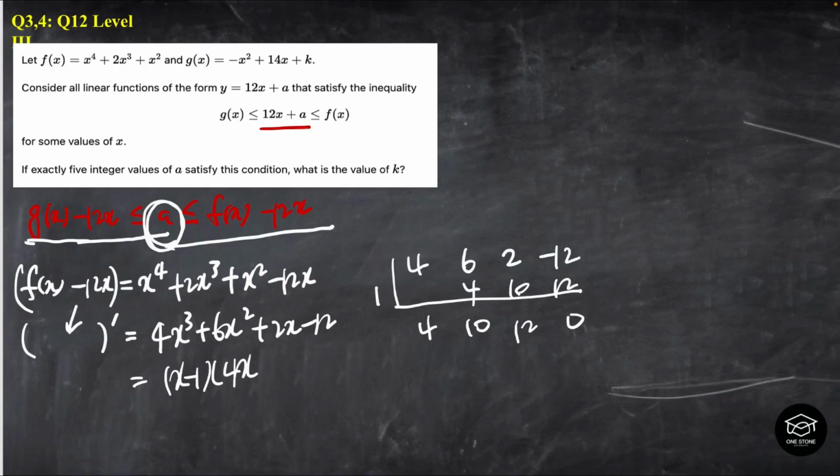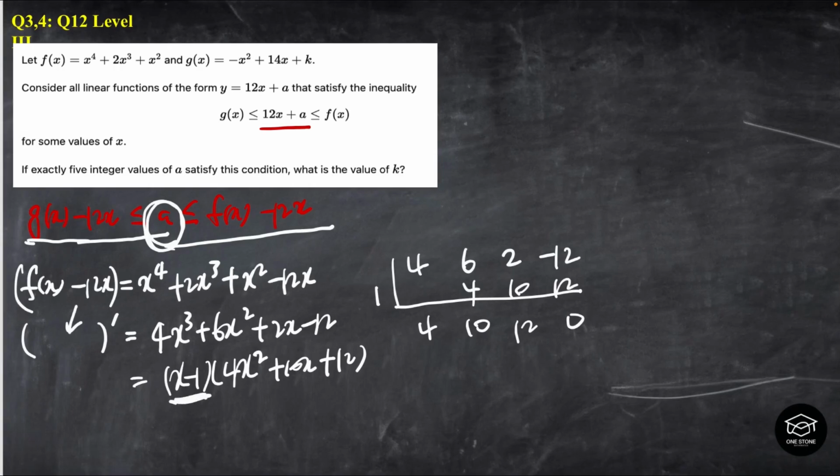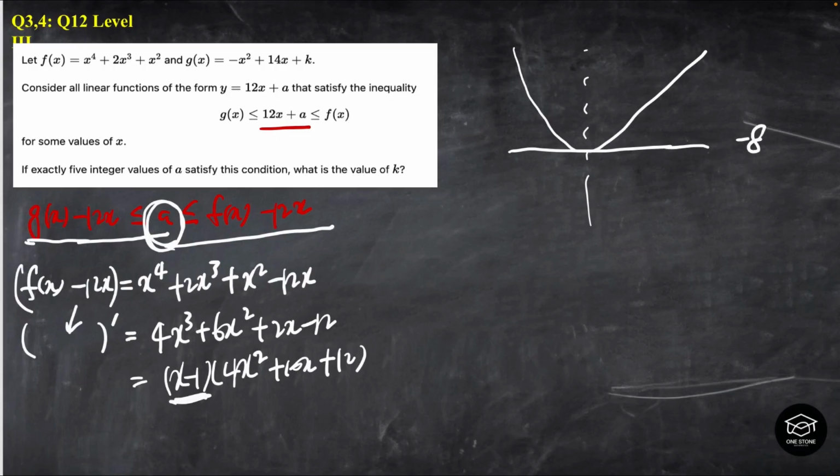Because all the other terms are always greater than 0, there are no other critical points besides when x equals 1. Plugging back in, f of 1 minus 12 equals 1 plus 2 plus 1 minus 12, which is negative 8. So the minimum value of f of x minus 12x is negative 8.